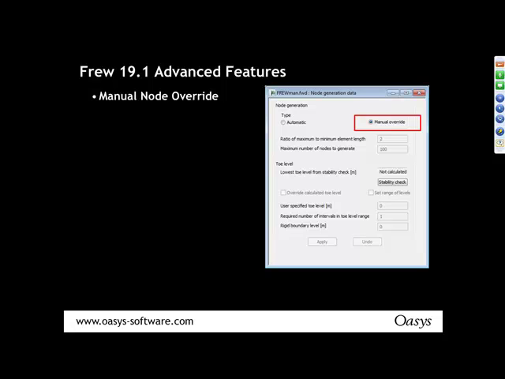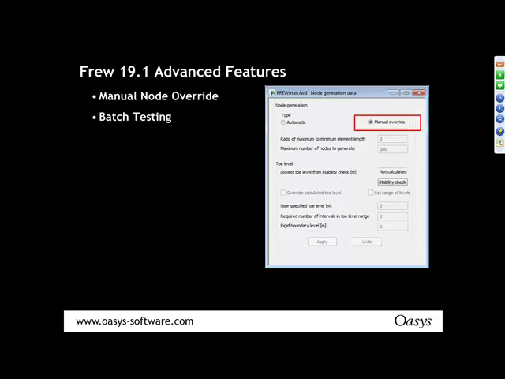More advanced features of Frew 19.1 include the manual override, as I previously discussed, and a very useful feature which is used quite a lot, which is batch testing. What batch testing is: you may be designing a wall and you may think that your toe level, for example, would probably be 37.34, but you may be interested to see what would happen if your toe level was a little bit shorter or a little bit longer.